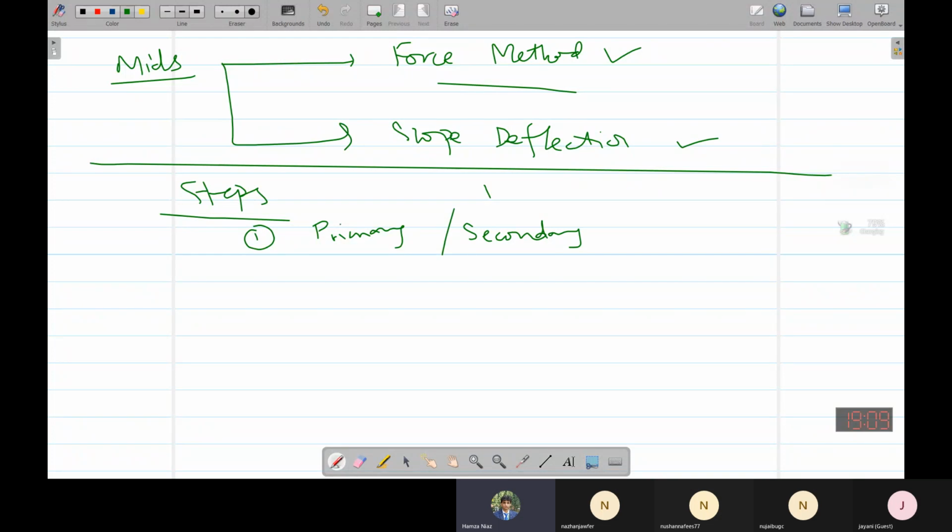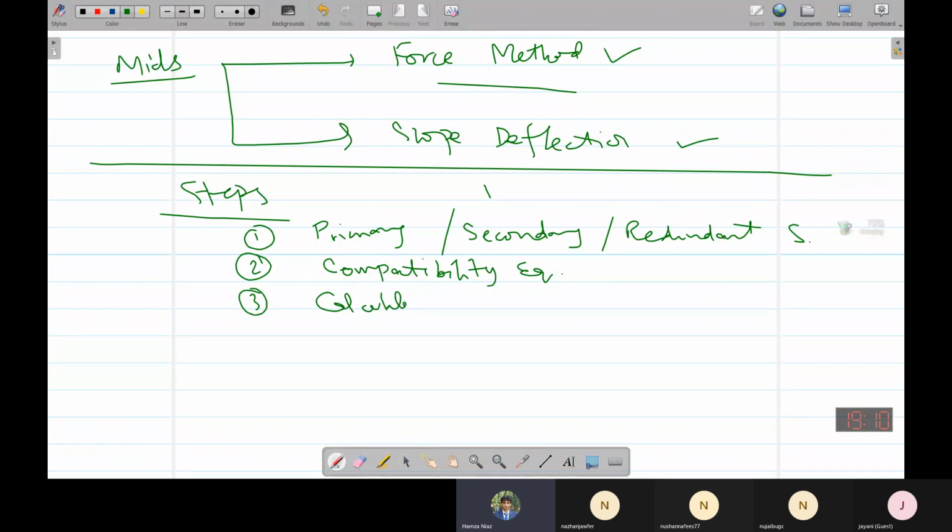We'll go through these in a moment. I'm writing so we can refer back. Primary, secondary, or redundant structures. Then we'll find the compatibility equations. And then we'll calculate deflections.